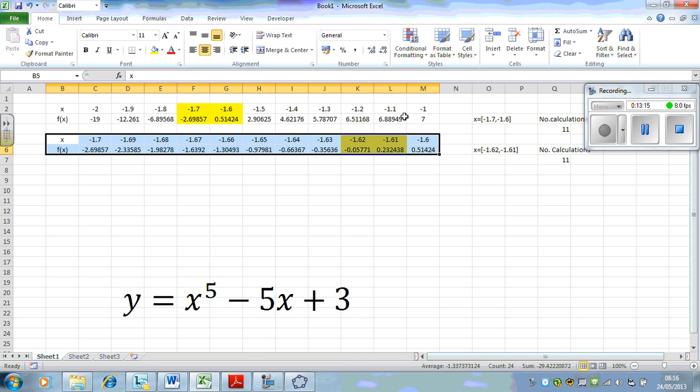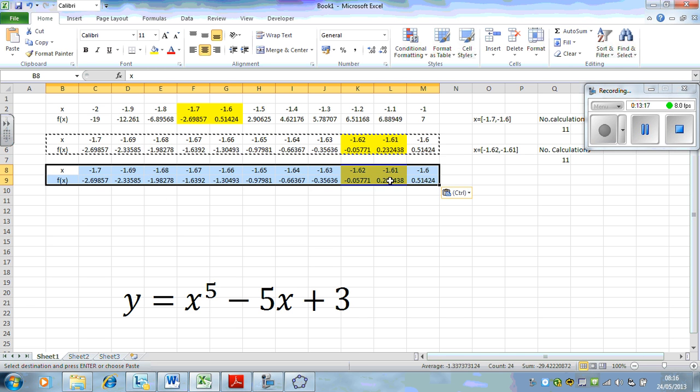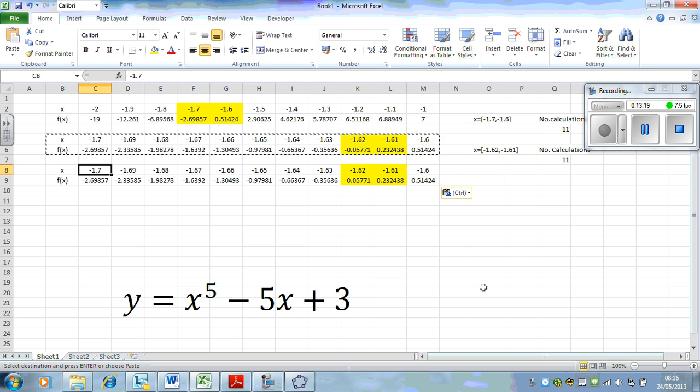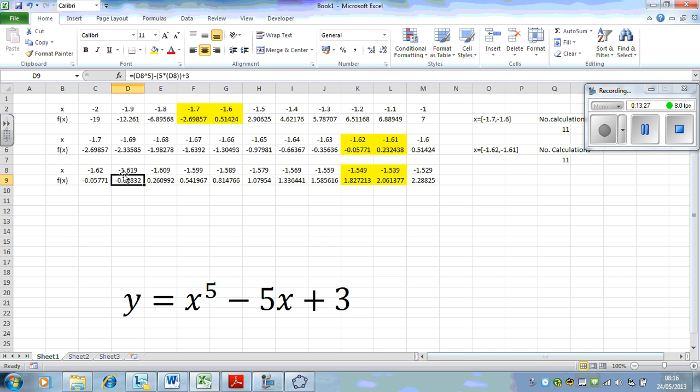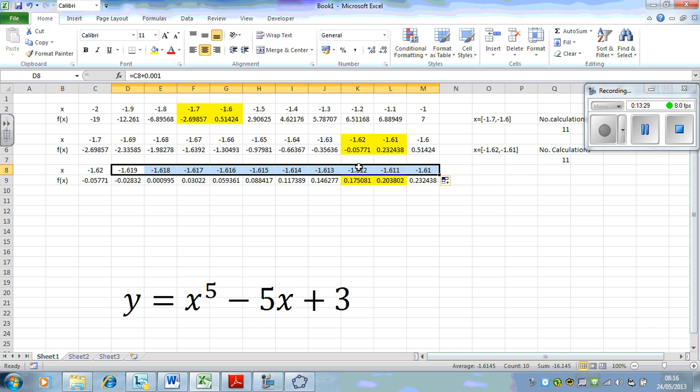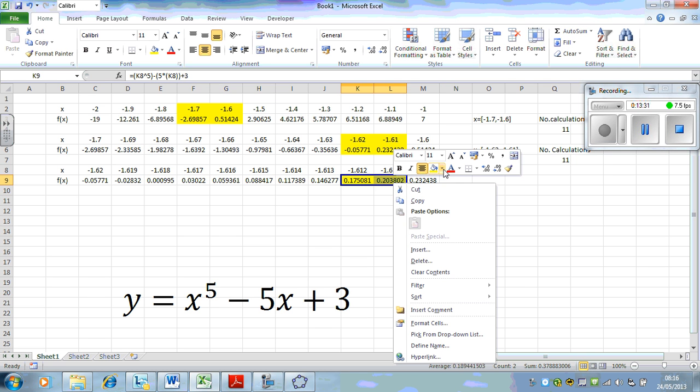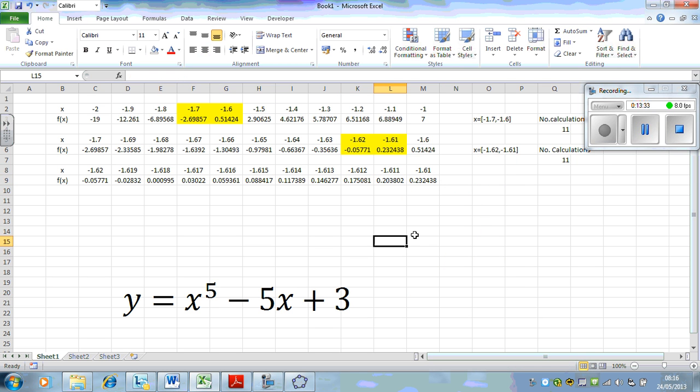Okay, I'm going to do it again. This time I'm going to go between minus 1.62 and add 0.01 to it. Okay, brilliant. That might not be where the change of sign is. So now it's between minus 1.62 and minus 1.61.